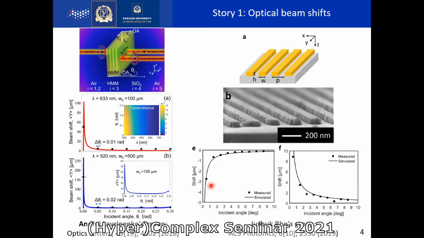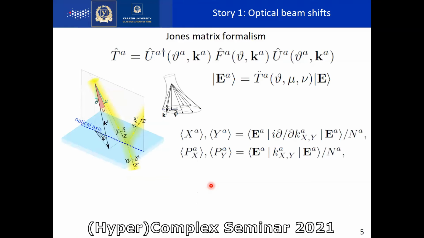So it encourages us to develop the theory and construct an extended theory which takes into account this partial case. So we followed the so-called Jones matrix formalism. First, this Jones matrix is a composition of three matrices. First, we go to the coordinate system of the central constituent plane wave of this beam.